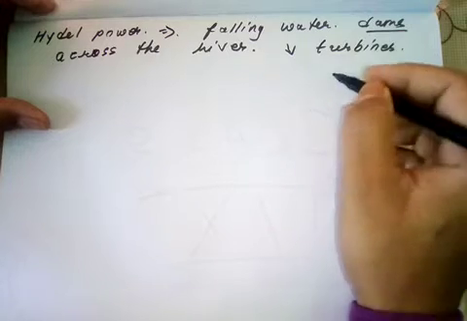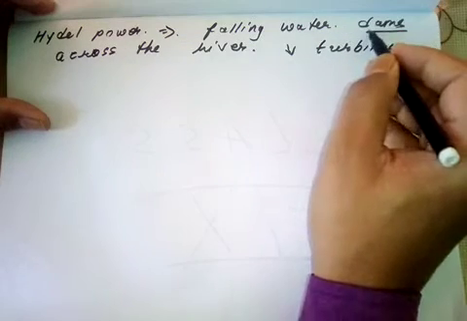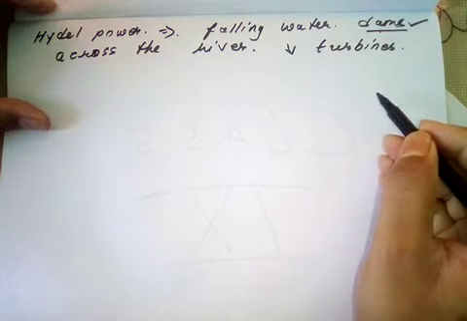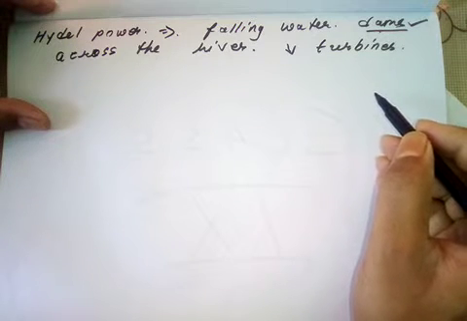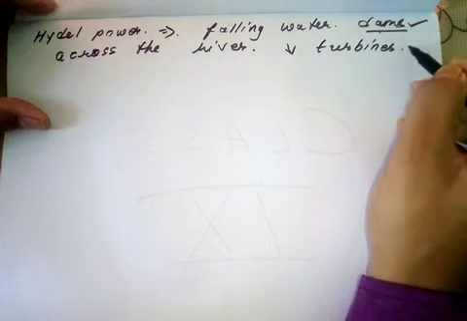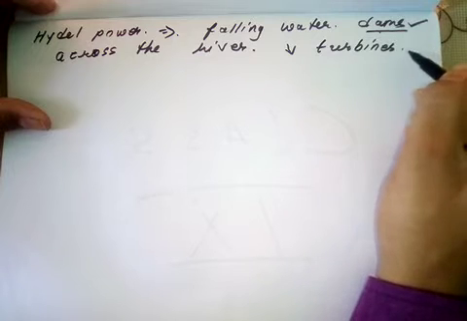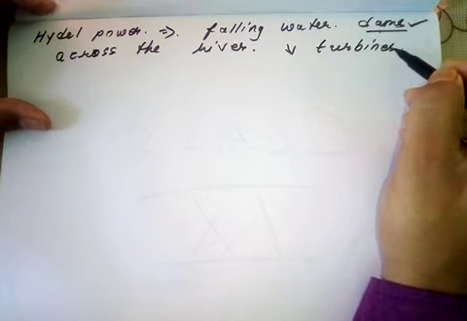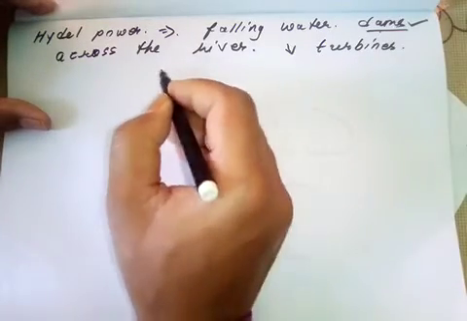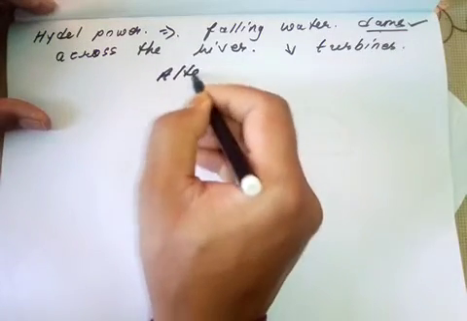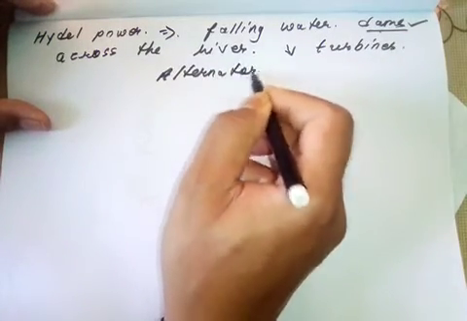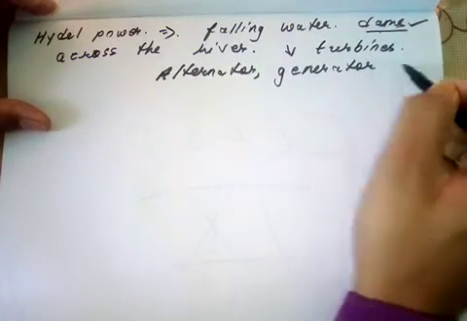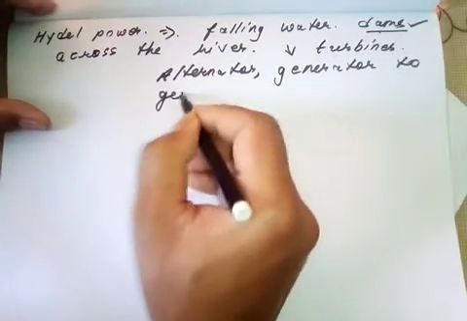As it rotates, the potential energy which is reserved behind the dams is transformed to kinetic energy, and this kinetic energy is transformed to mechanical energy. This mechanical energy is transformed by a device called an alternator or generator to generate electricity.